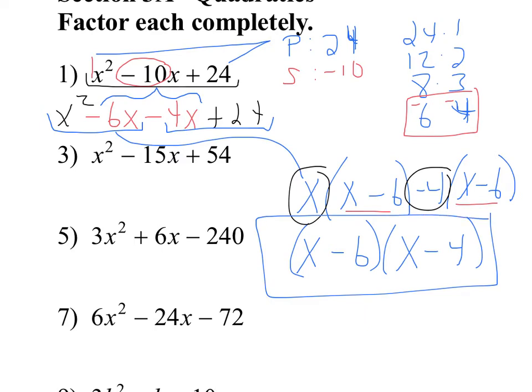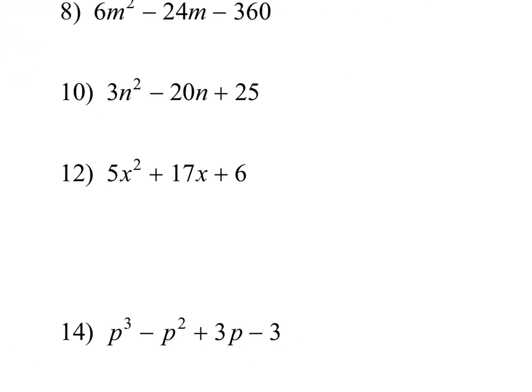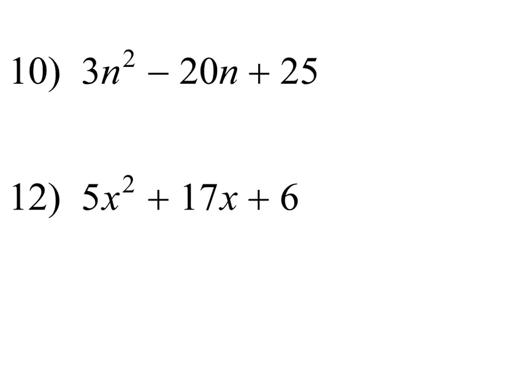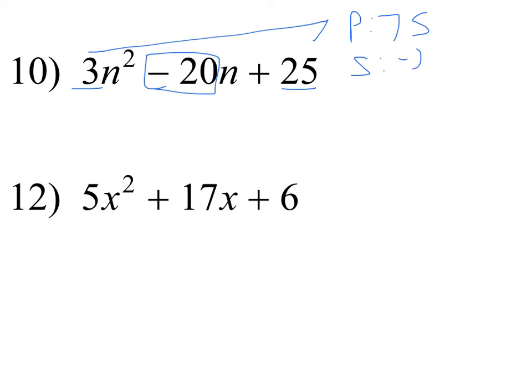If we try another one, go to 10, same idea. So here we have a 3 times 25, so a product of 75, and a sum of negative 20.